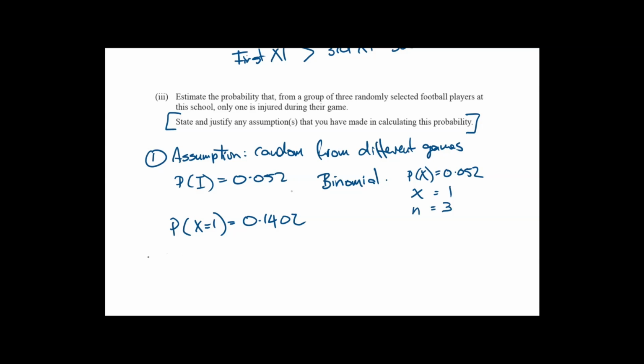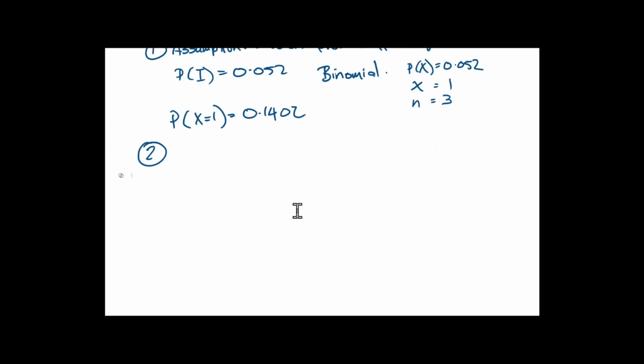Let's assume now that it's on artificial turf. So this one, the probability that you're injured, given that it's on turf, is 0.04, and it's going to be exactly the same X and N, so let's grab a calculator with that.